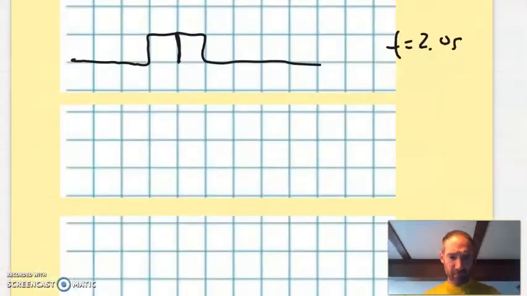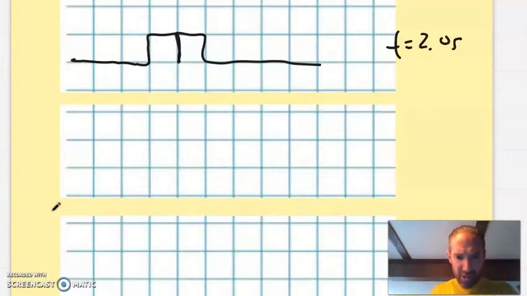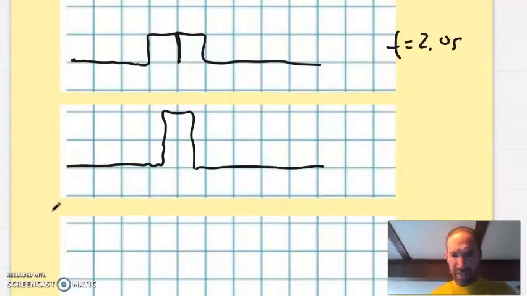What about 2.5? At 2.5, we're going to be moved half a box forward. And so it's going to be there. And they're going to overlap on each other perfectly because the other one's going to move half a box forward as well. So it's going to be like this. What kind of interference do you see there? That's right, constructive.